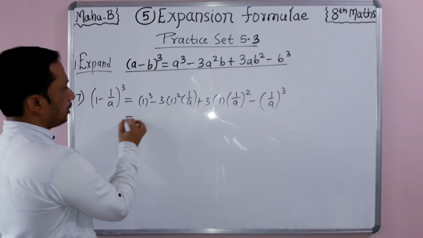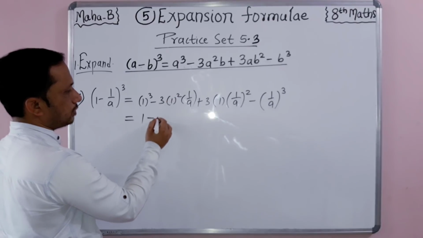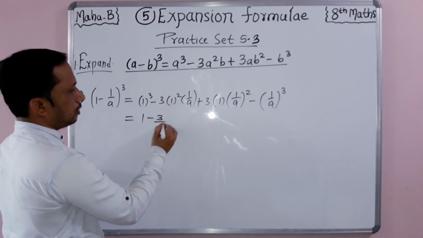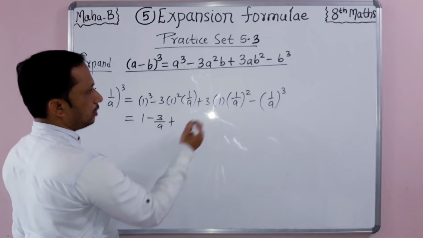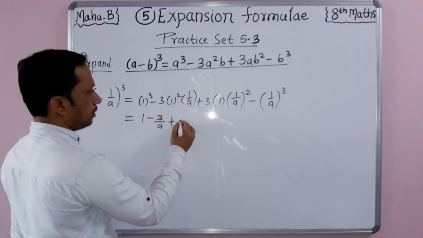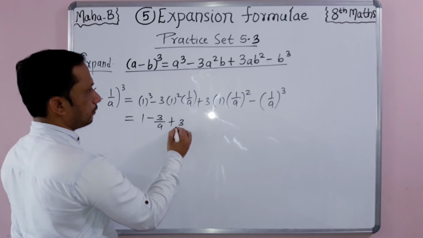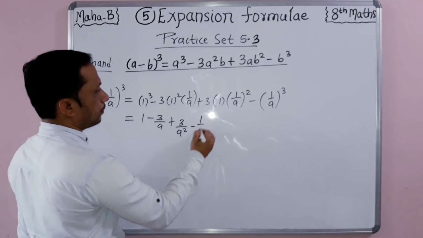Now 1 cube is always 1, minus 3 and 1 square is always 1, so 3 into 1 upon a, plus 3 upon a square, and minus 1 upon a cube.